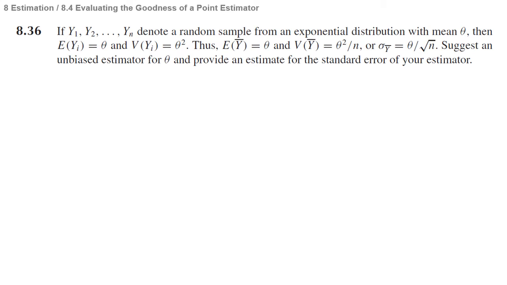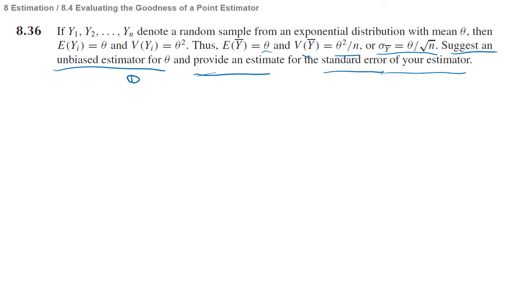And thus, the expected value of Y bar is theta and the variance of Y bar is theta squared over n, or the standard error of Y bar is theta over square root of n. Suggest an unbiased estimator for theta, and provide an estimator for the standard error of your estimator.